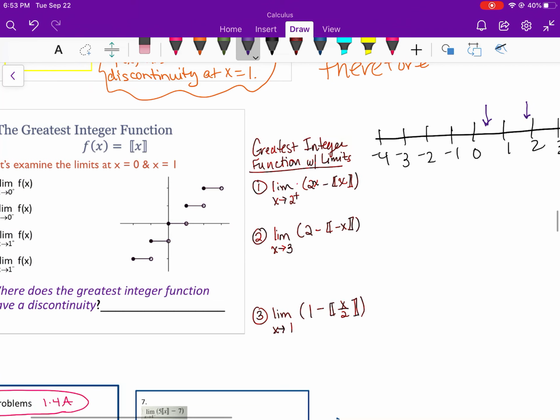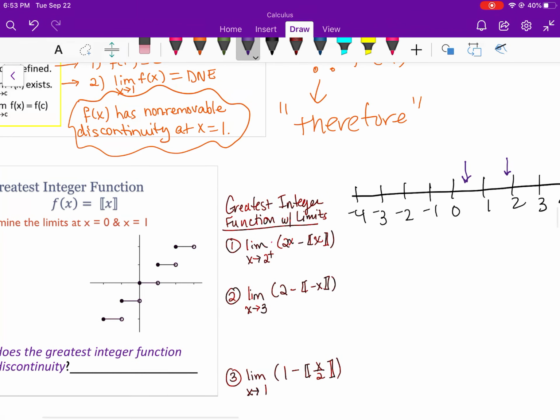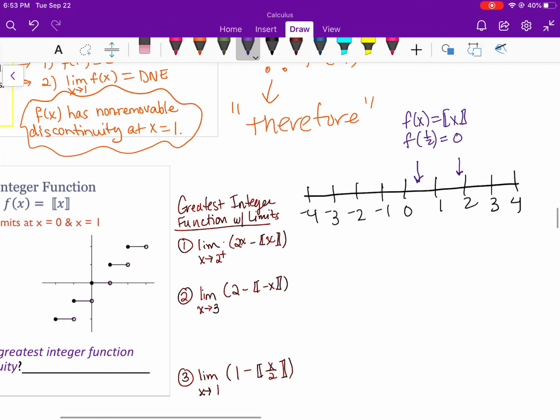So greatest integer works like this. If f of x is the greatest integer function, and I say find f of 1/2, that goes back to 0. If I said find f of 1.9, you would take that back to 1. f of negative 2.5 would take you to negative 3.